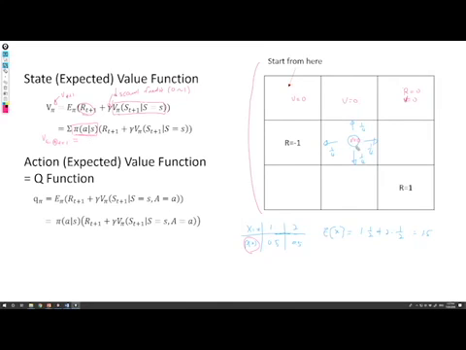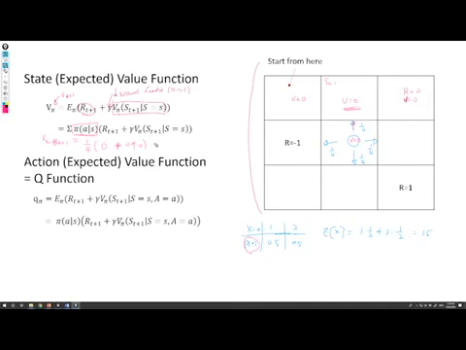Let's start from moving up, and that is 1 over 4 times the reward value at t plus 1. If you choose to move up, the next state will be this cell, so the reward value of this cell is 0, plus the discount factor, which is just our constant, times the state's expected value, which is 0.